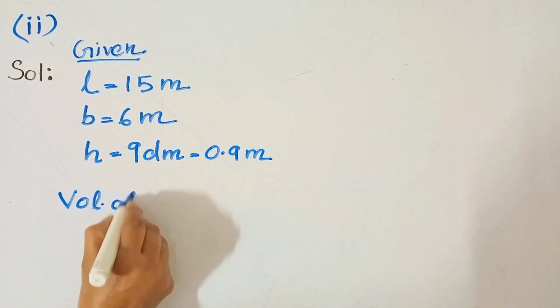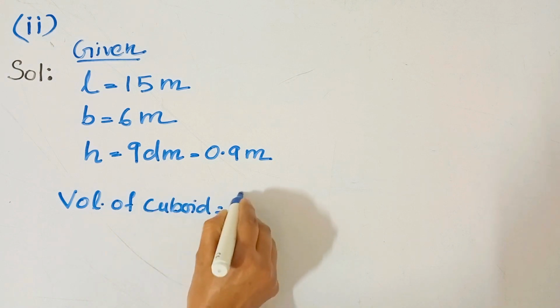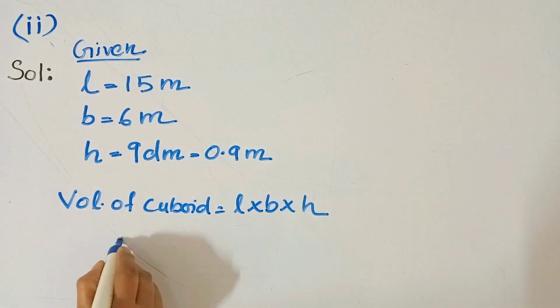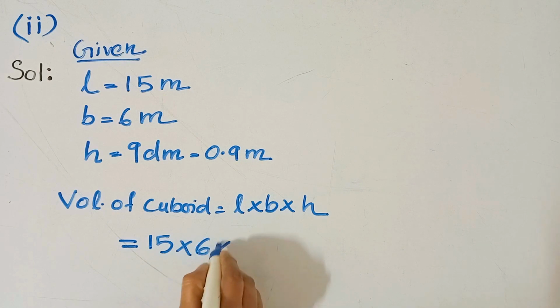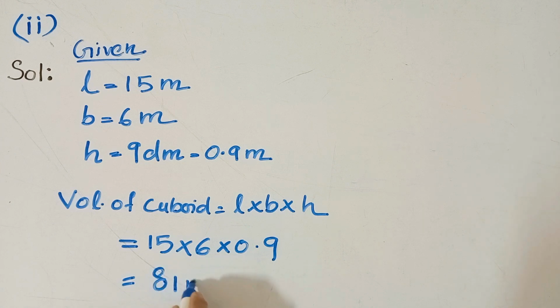To find the volume of cuboid, we use the formula L times B times H. After substitution, we will get 81 cubic meters.